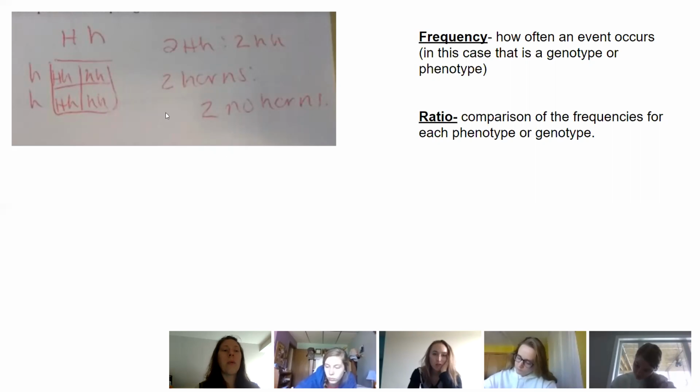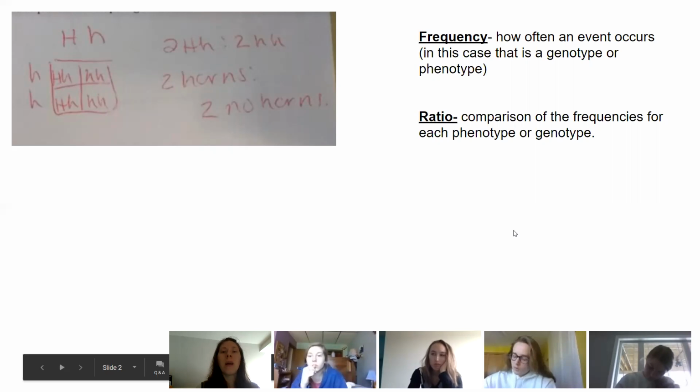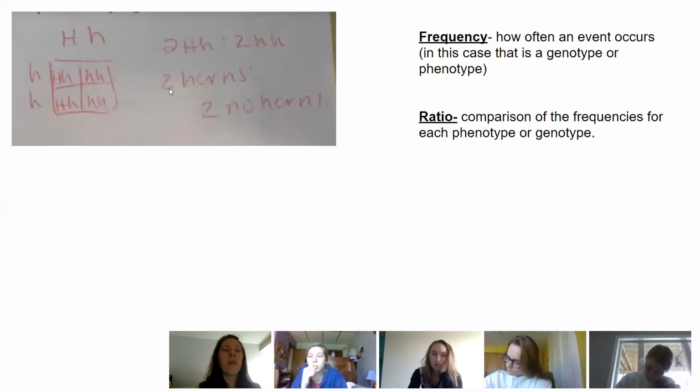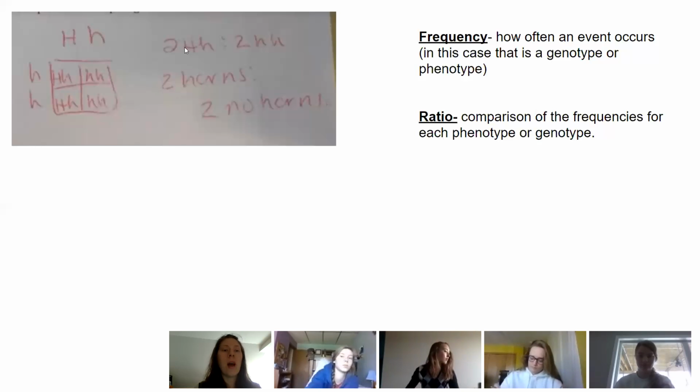Most genetic problems, like the ones you had on the quiz, are going to ask for a ratio of either a genotype or a phenotype, so like a numerical counting, if you will. And so I pulled the answer from the very first problem, just to point that out. So in the top case, the genotype ratio would be what I have up here at the top.